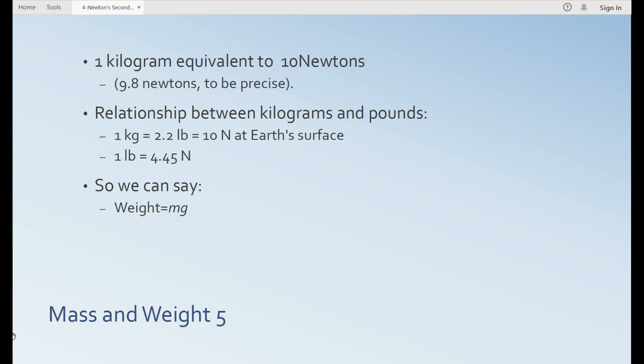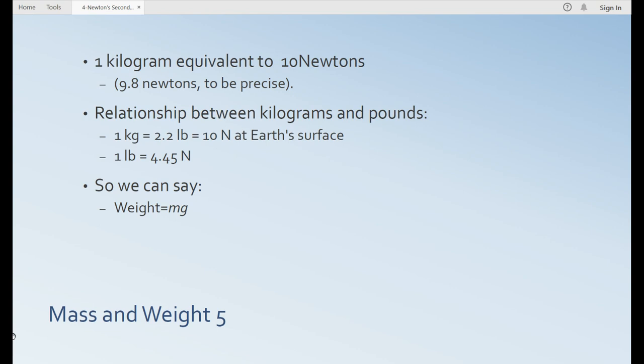There's also a relationship between kilograms and pounds. A kilogram exerts about 10 newtons at Earth's surface, and that's about the same amount of newtons that 2.2 pounds has at Earth's surface. So we can say 1 kilogram is equal to about 2.2 pounds at Earth's surface, or 10 newtons. And that means 1 pound is about equal to 4.45 newtons.